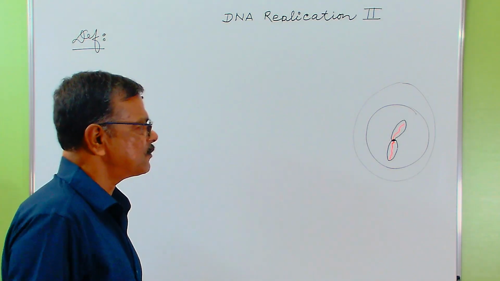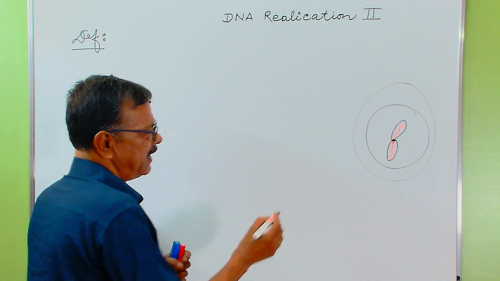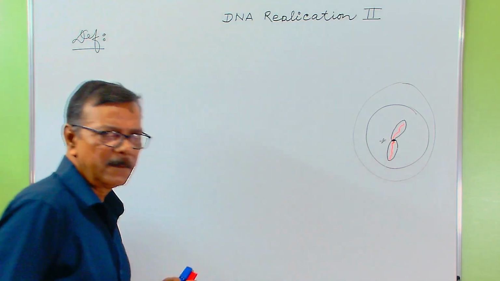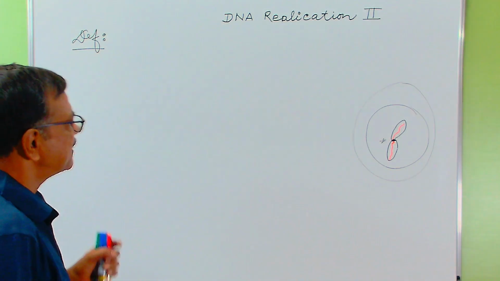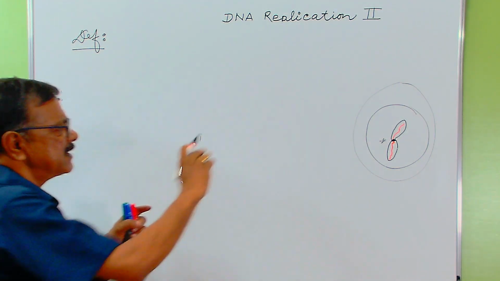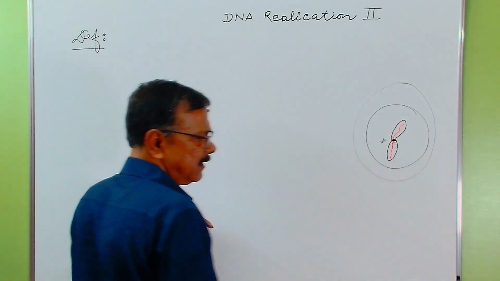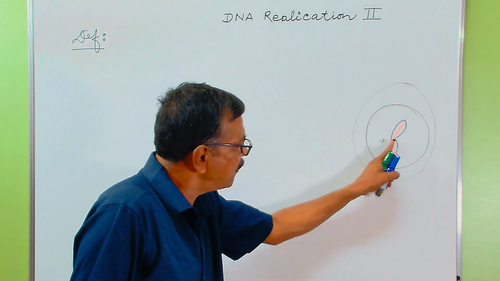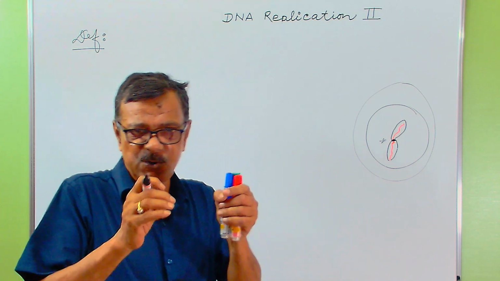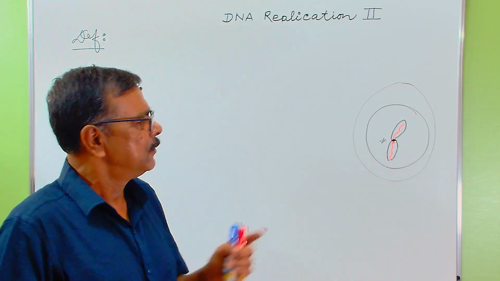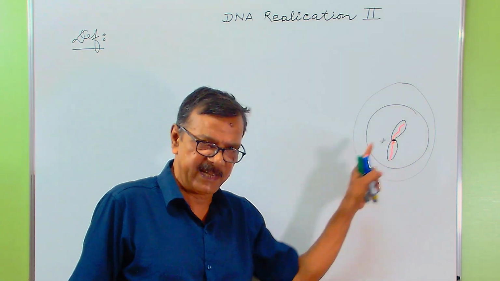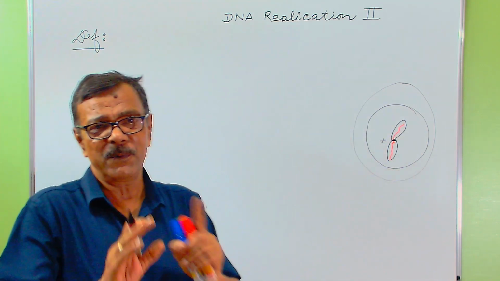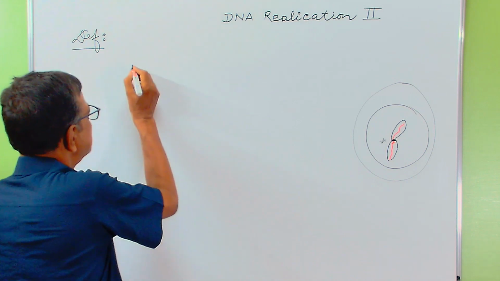So in the first phase, some access is required. How is that access given? The cell nucleus gives the chromatin protein instructions that we are going to replicate our DNA, so loosen your protein. So chromatin protein loosens.